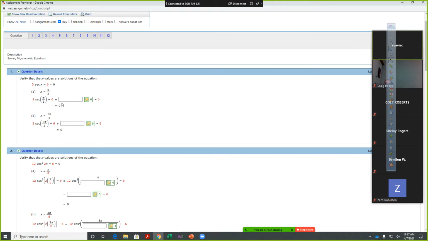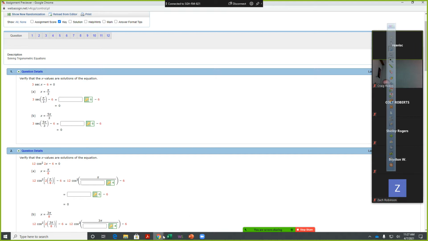Equals 6. So what they're wanting there is that the secant of pi over 3 equals 2. That's what they're looking at there. So I really went through and solved it.